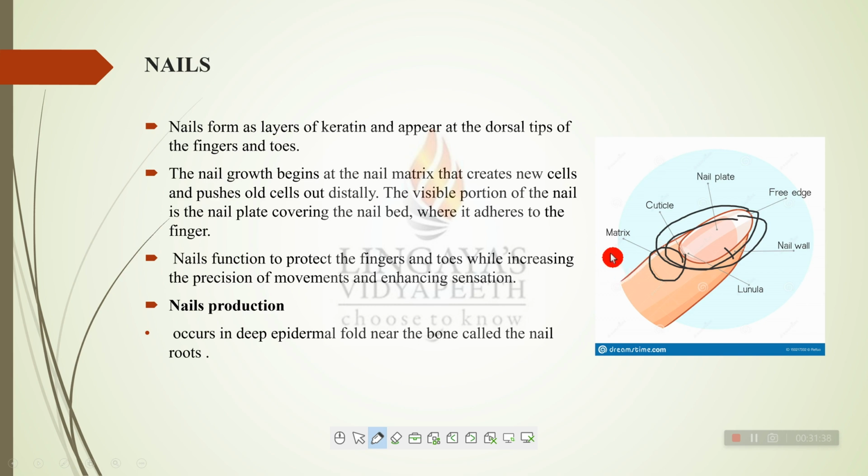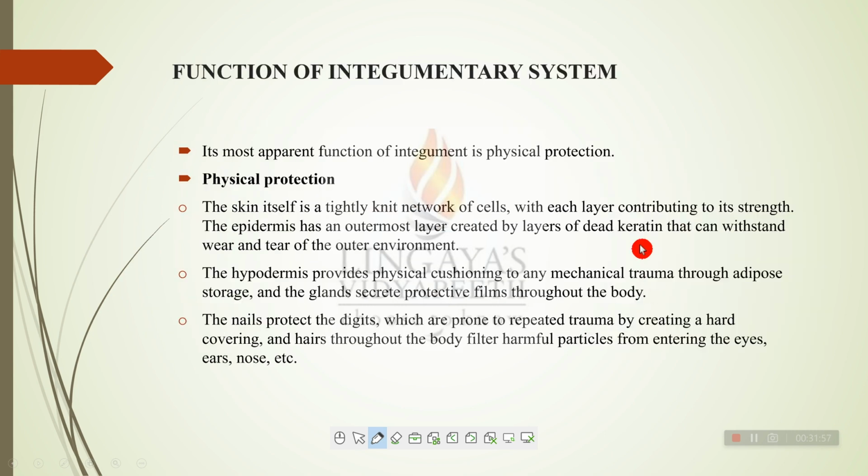The function of the nails is protection of the fingers and toes when there is increased movement, and they also enhance sensation. Nail growth appears in a deep epidermal fold near the bone called the nail root.